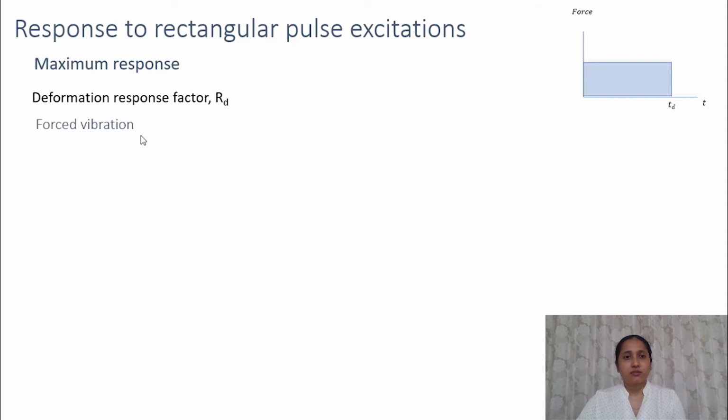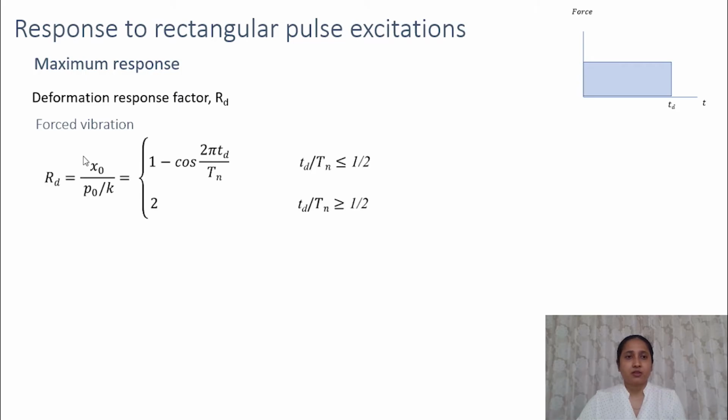So during the forced vibration phase, we can calculate the Rd by maximizing the expression for the response, for the forced vibration response. So we just have to find the maxima of the response. So if you do that, we will get the expression for Rd that would be equal to the amplitude of the dynamic response divided by the static response.